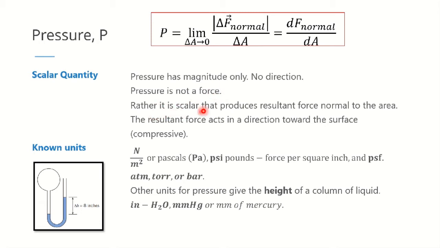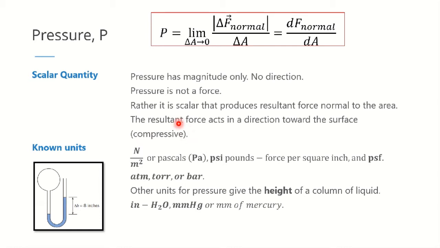Rather, it is a scalar that produces a resultant force normal to the area. Ayan. The resultant force acts in a direction towards the surface. So yung force lang is towards the surface. Wala siyang tension force. So lahat lang compressive. So push lang siya. Walang pull.